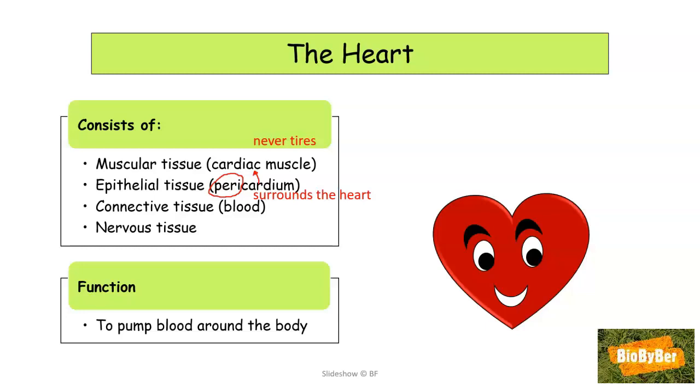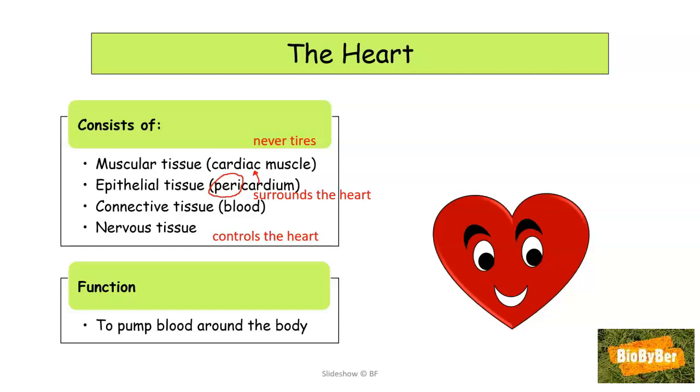The heart organ also consists of connective tissue, which is blood. We've covered the idea of connective tissue already, in that connective tissue consists of similar cells in a matrix. In this case, the matrix is a liquid. Lastly, the heart is composed of nervous tissue which controls the beating of the heart.